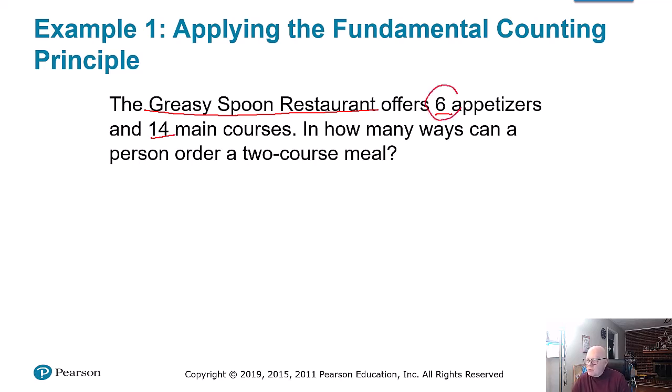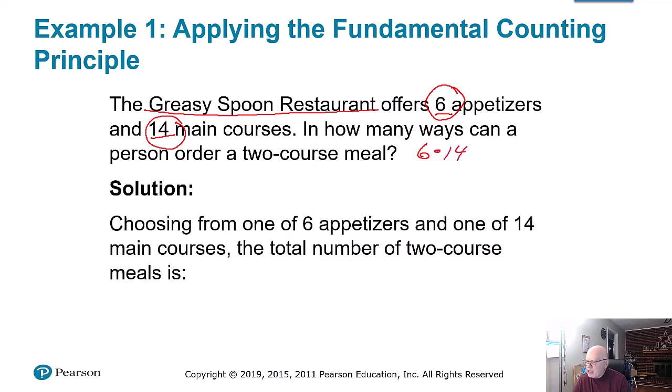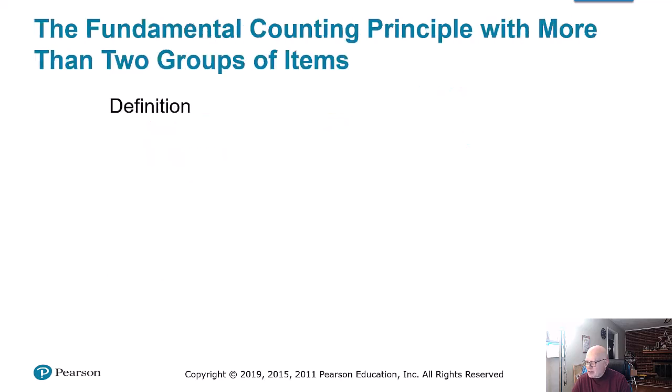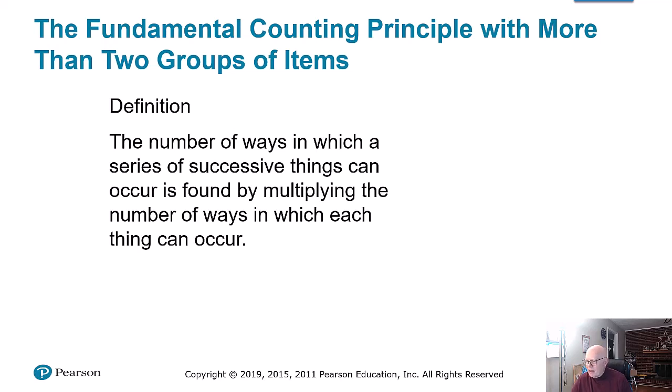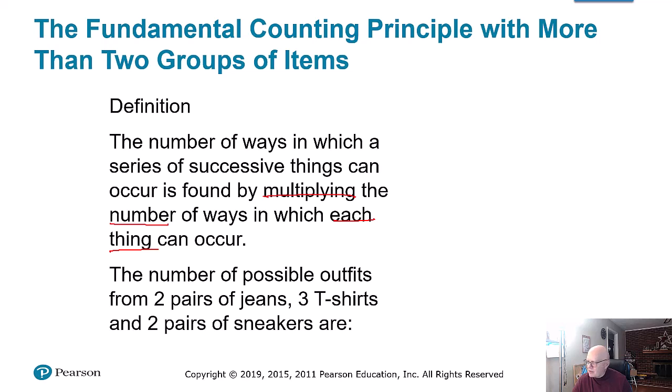So all you need to do is multiply the number of ways each thing can occur. Remember the 2 pairs of jeans and 3 t-shirts, and 2 pairs of sneakers. If it's more than 2 things you're choosing, it's the same deal. Take the jeans, we've got 2 jeans, then we'll pick one of the 3 t-shirts, and then we'll pick one of our 2 pairs of sneakers. And what do we have?